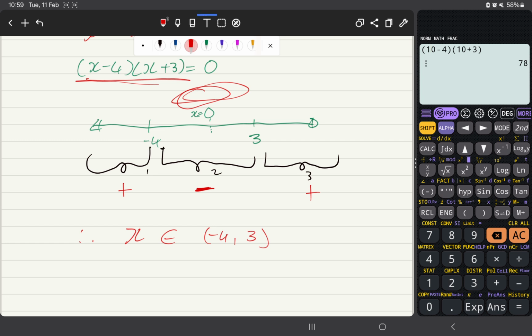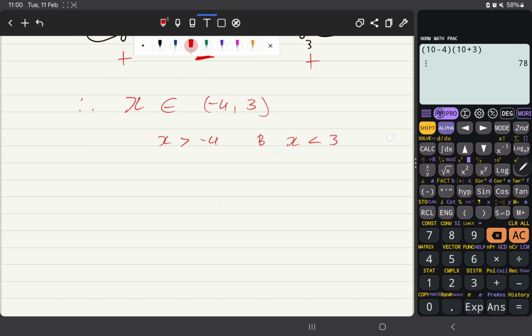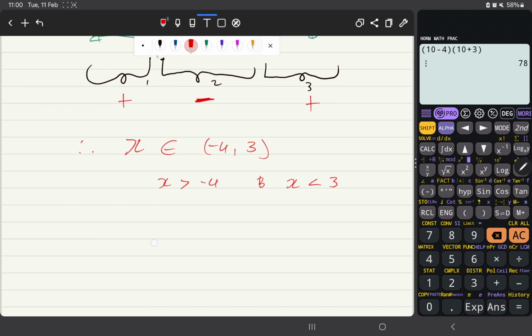Or maybe just in simple terms you can just say x is greater than -4, and x is smaller than 3.